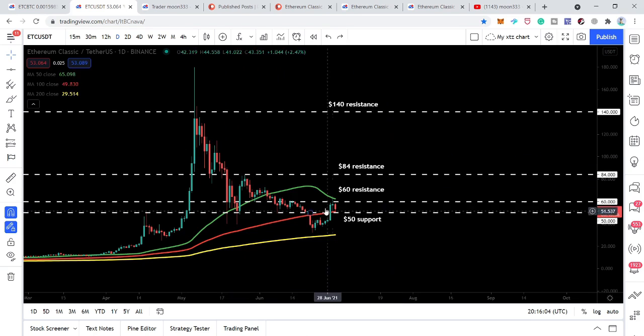But this support of the 100 simple moving average and the $50 support level should be saved, because if the price action is not able to save these supports, and you can see at this time it is retesting these supports, then again the $50 and the 100 simple moving average can work as a strong resistance for the price action. I'll definitely share more updates on Ethereum Classic with you guys in the coming few days.